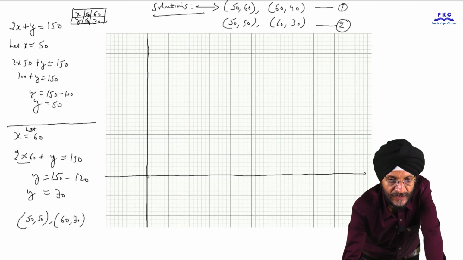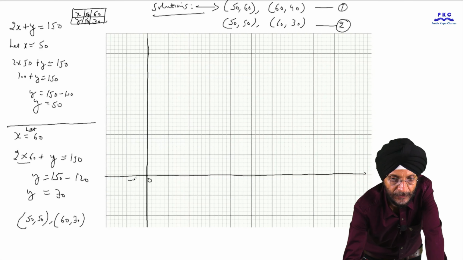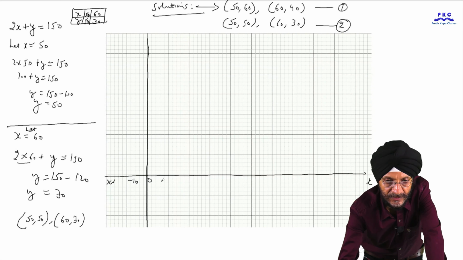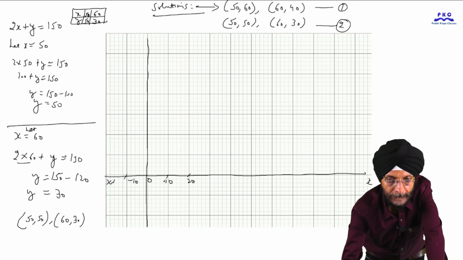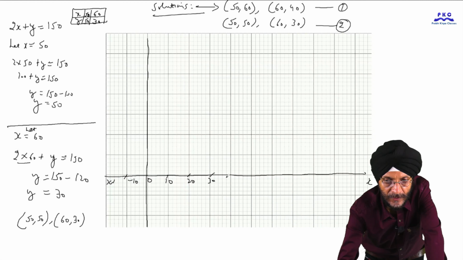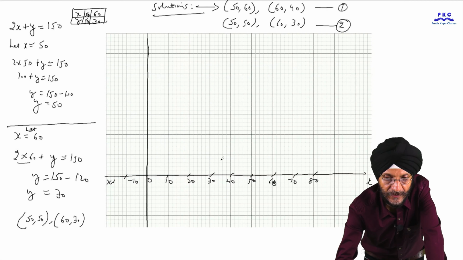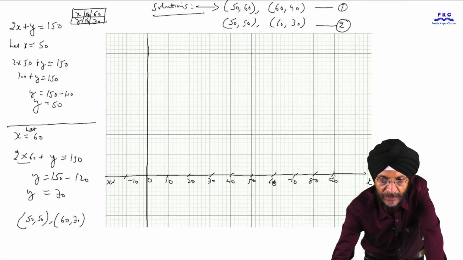So now this is 0, this is minus 10, this is the x-axis, this is 10, 20, 30, 40, 50, 60, 70, 80, 90.